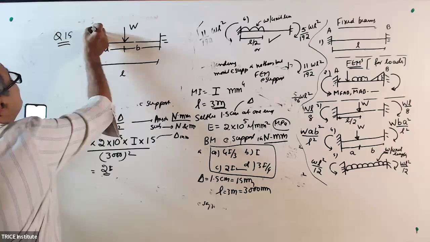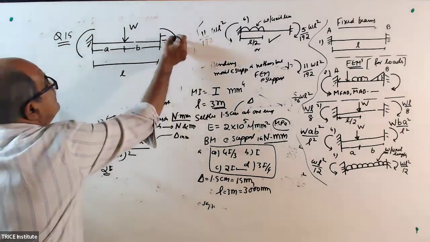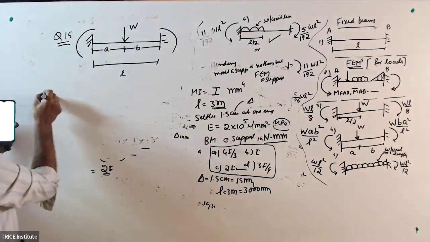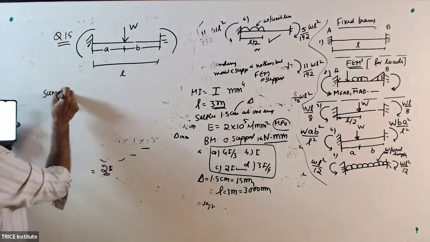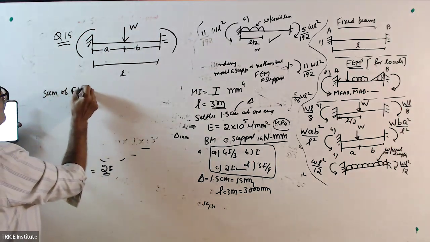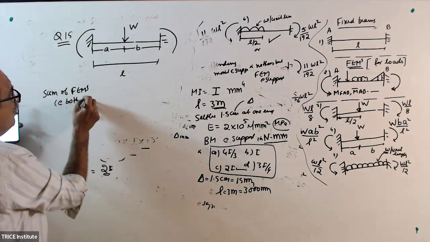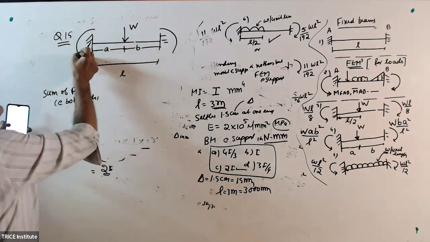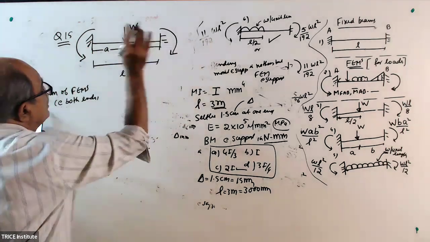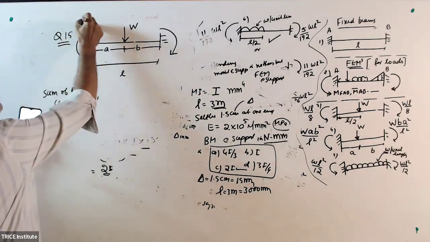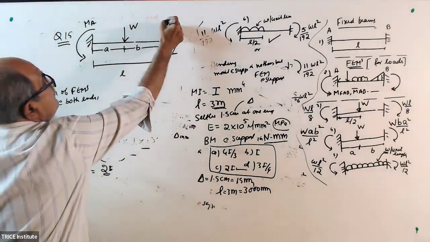See, these are the FEMs. They want the sum of FEMs at both ends, the numerical value. No sign required, since one is anti-clockwise and the other clockwise. Suppose I call this MA and this MB.